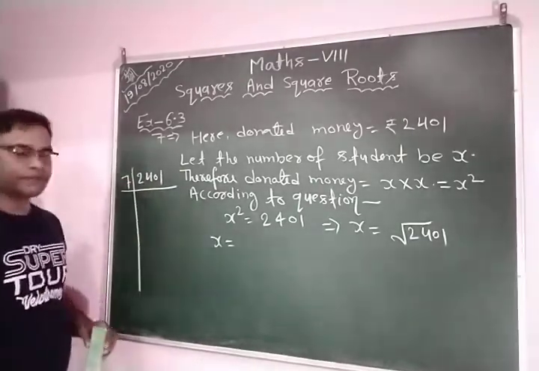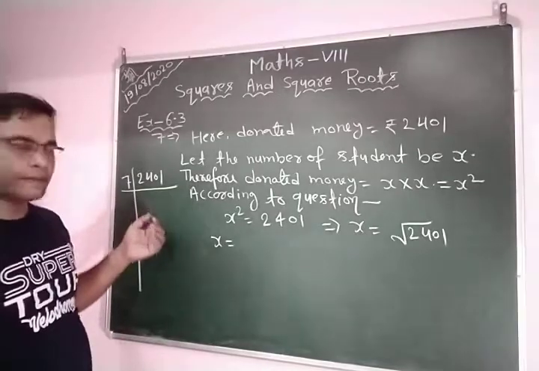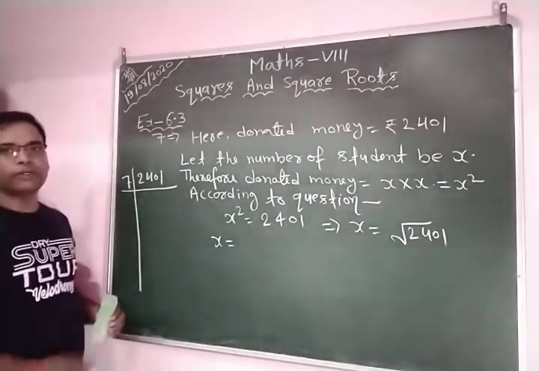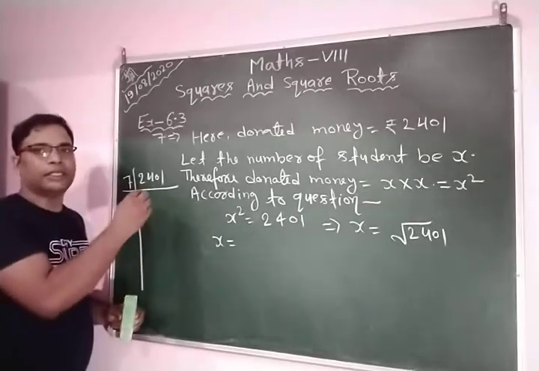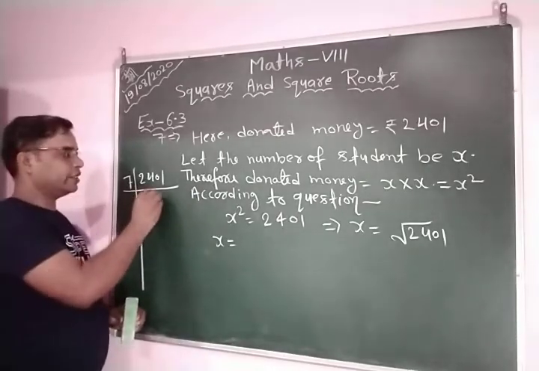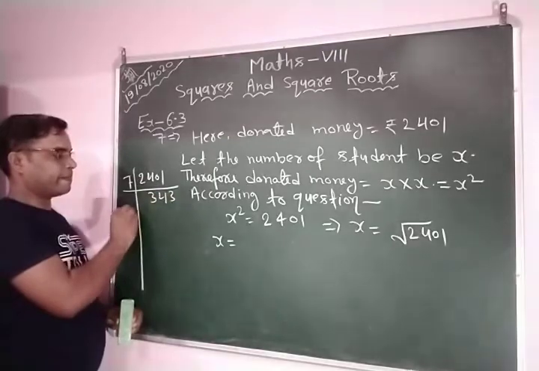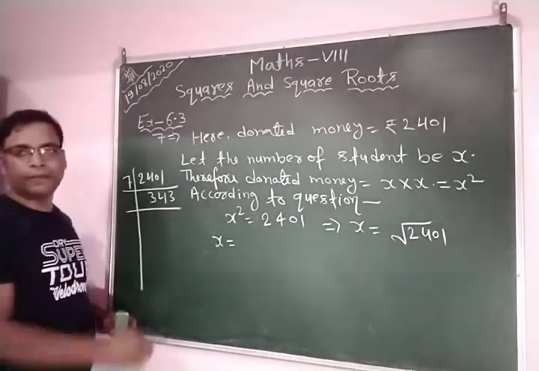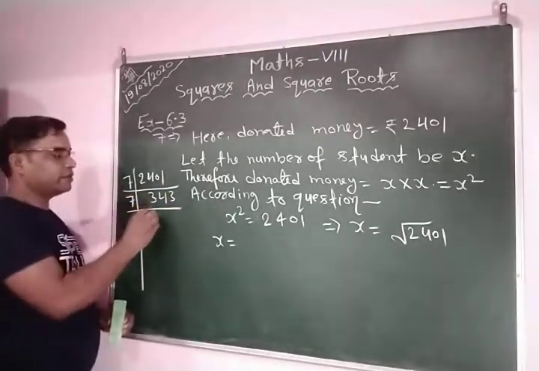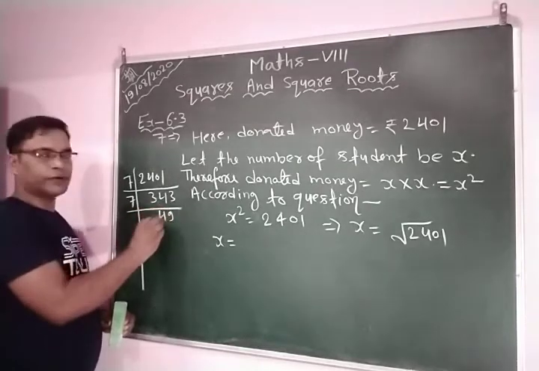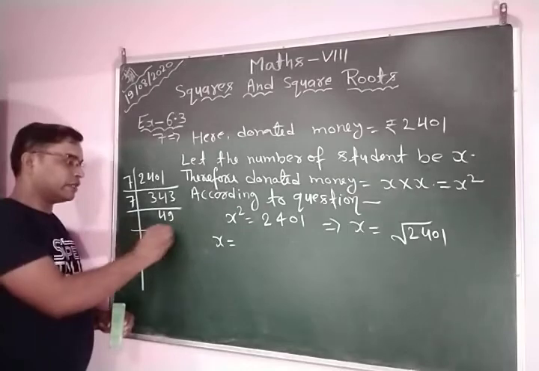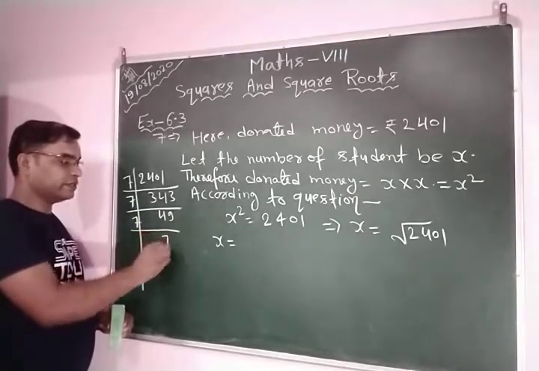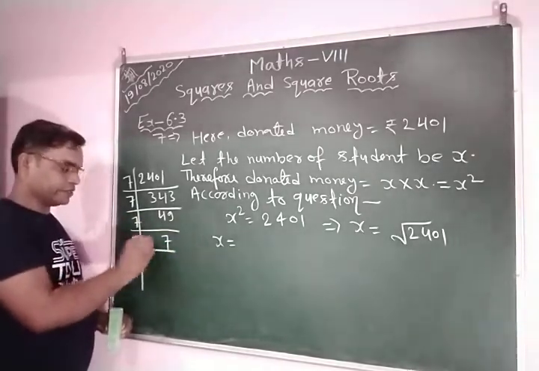This is divisible by 7. If 2401 is divided by 7, then you obtain 343. Again, this number is divisible by 7, then we obtain 49. Again this number is divisible by 7, so we obtain 7, and again 7.